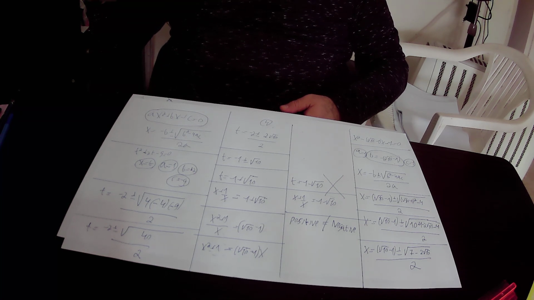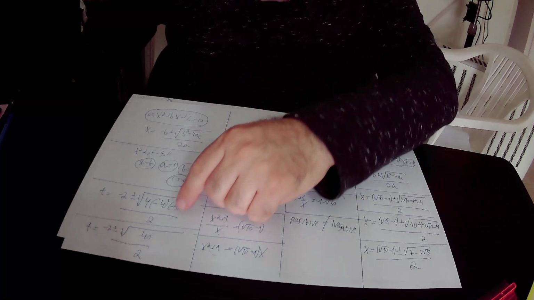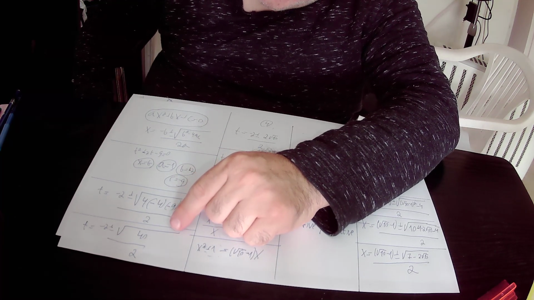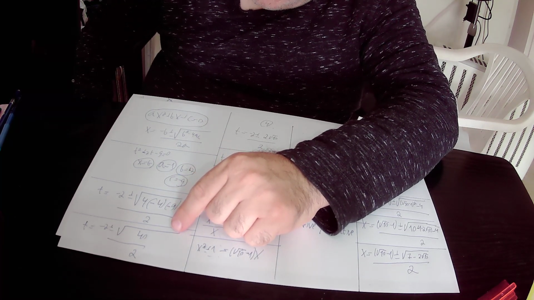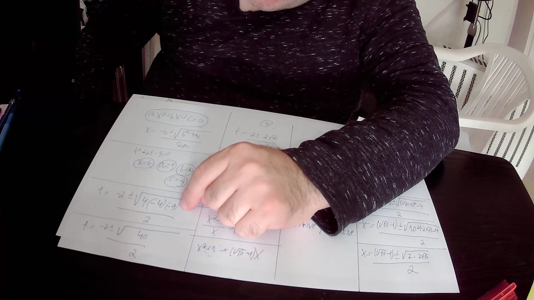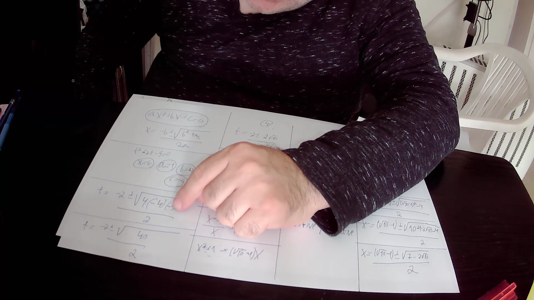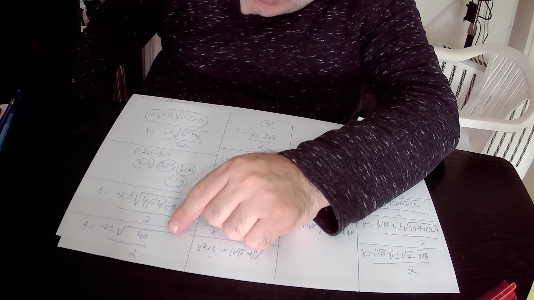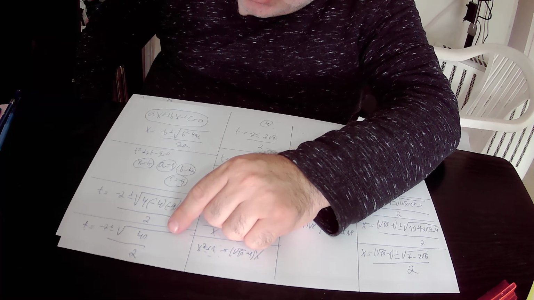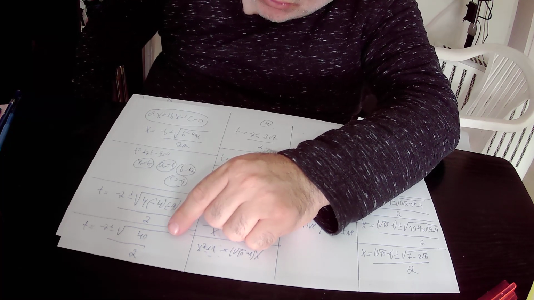A equals 1, c equals minus 9, so it is minus 4 times minus 9. And then we have t equals minus 2 plus minus. Minus 4 times minus 9 is 36, and 36 plus 4 is 40. So in conclusion, we got that t equals minus 2 plus minus square root of 40 over 2.